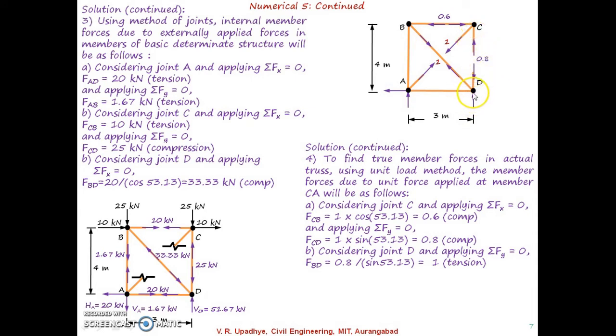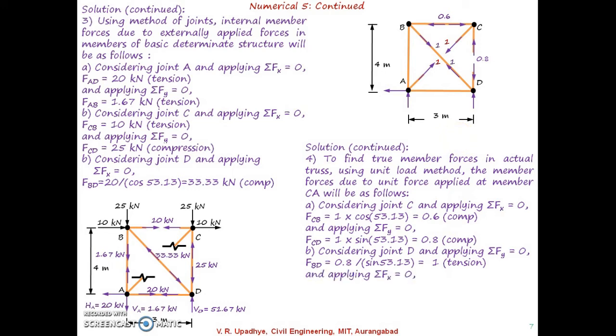So the equation will become FBD sine 53.13 minus 0.8 must be equal to 0. So FBD becomes 0.8 divided by sine 53.13, and that gives 1, and that becomes tension.